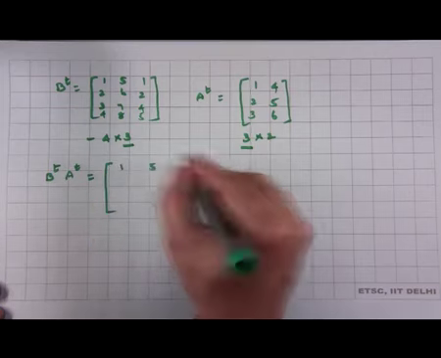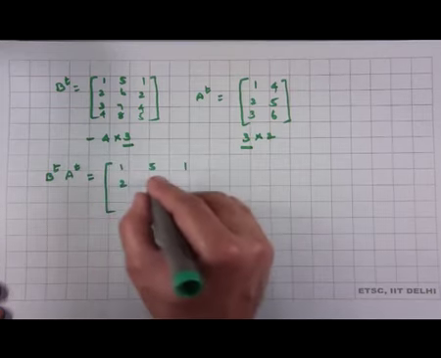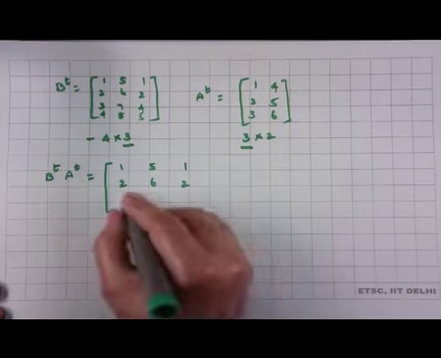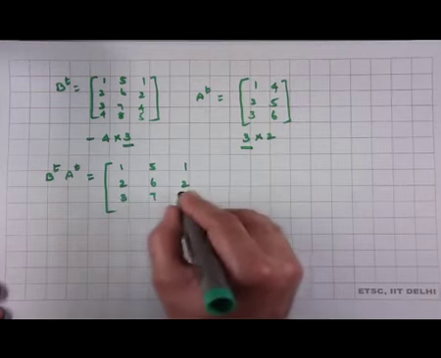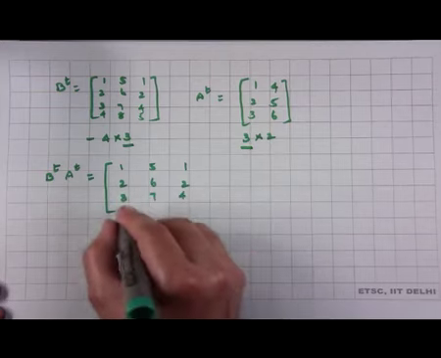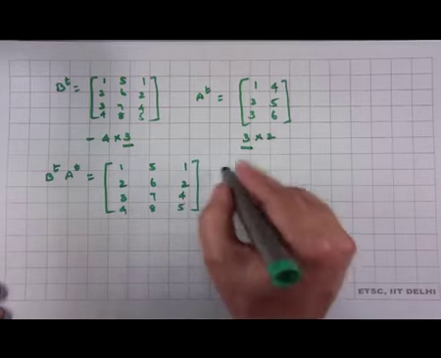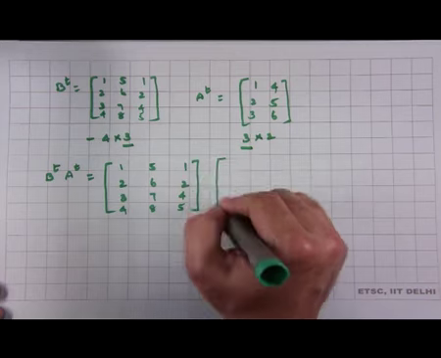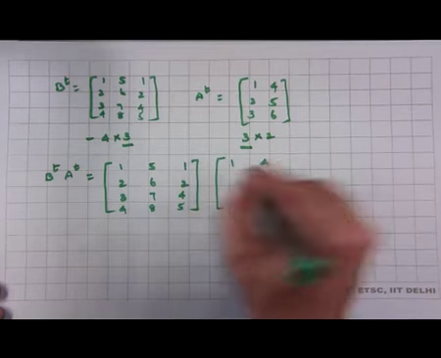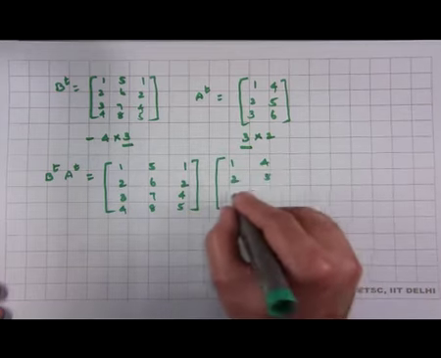1 5 1, 2 6 2, 3 7 4, 4 8 5, multiplied by 1 4, 2 5, 3 6.